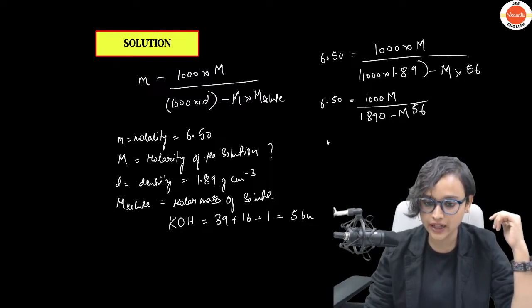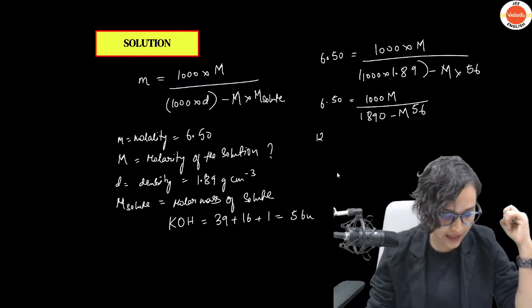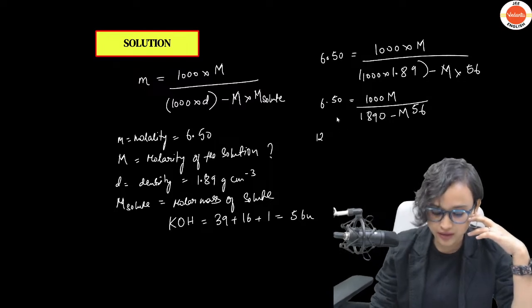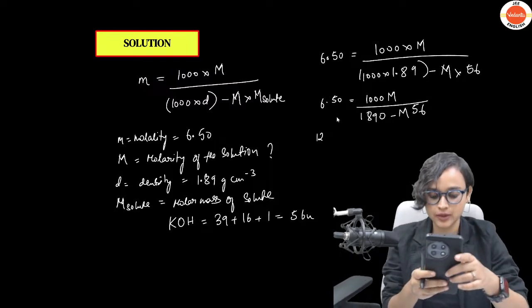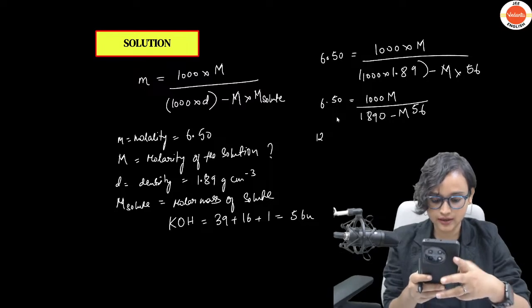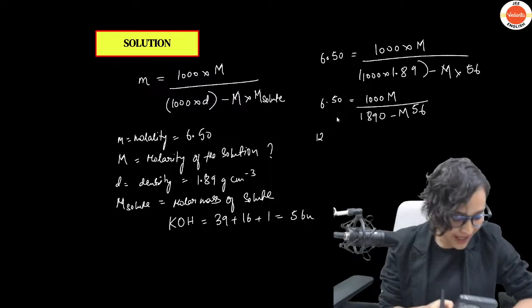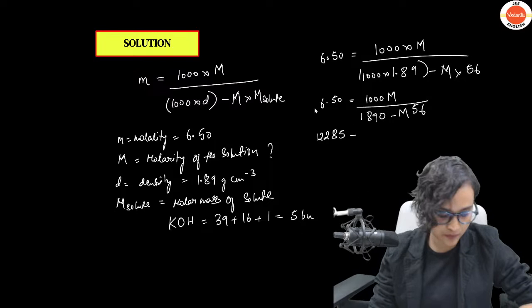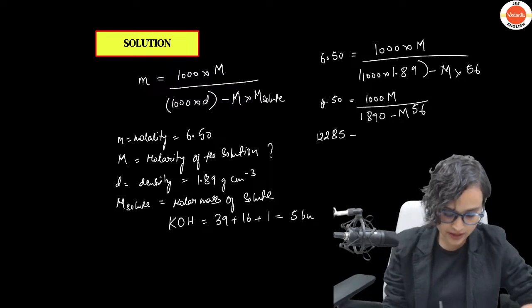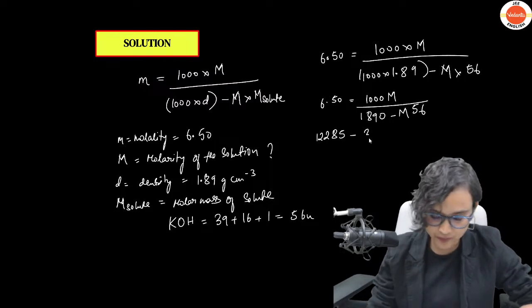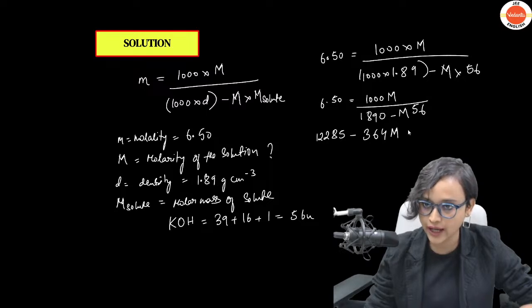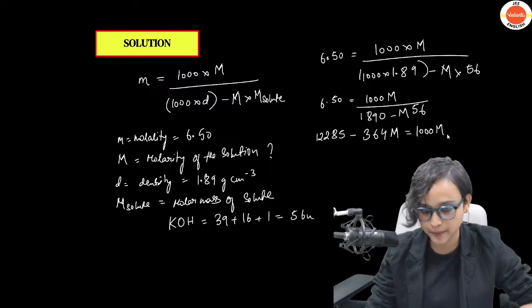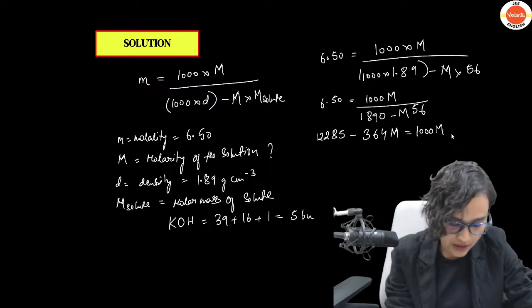So 1890, if I bring it here, then it will be 12,285 minus 6.50 into M, which is 364 M, is equal to 1000 M. Making sense?